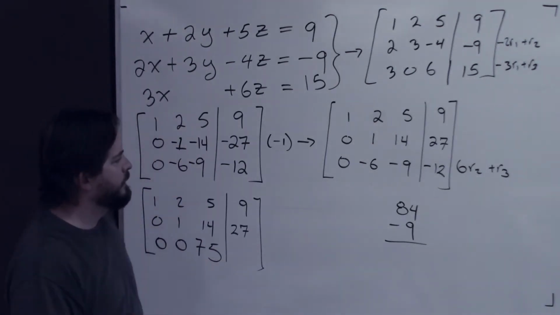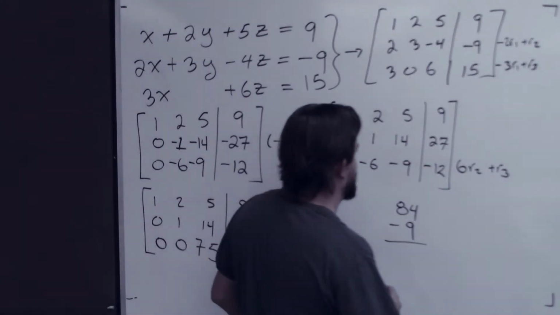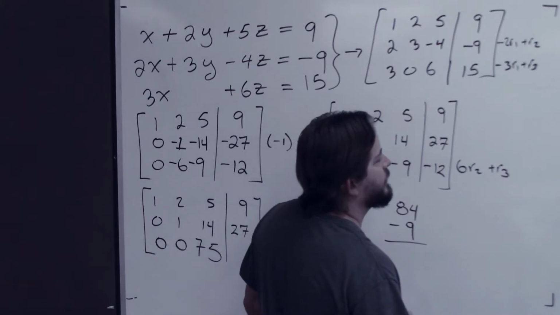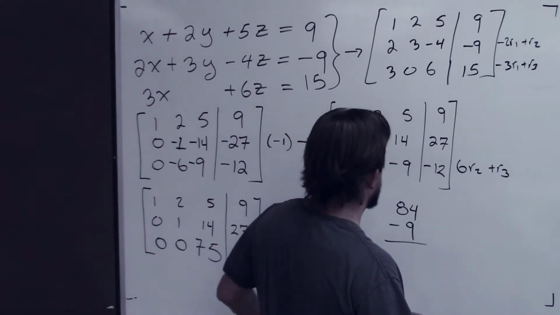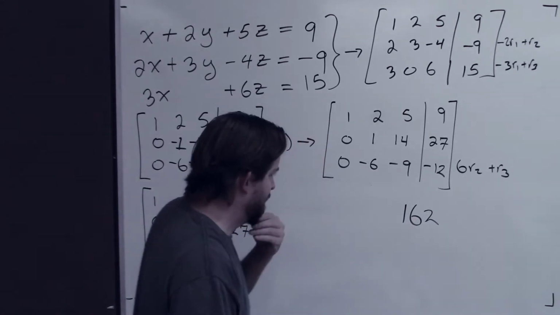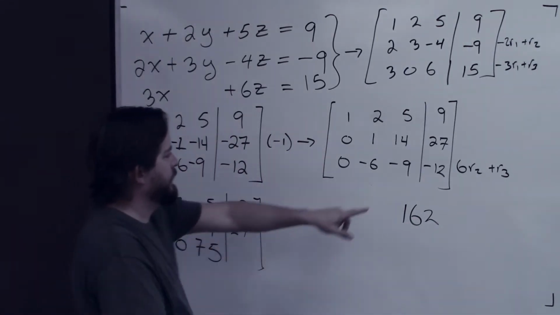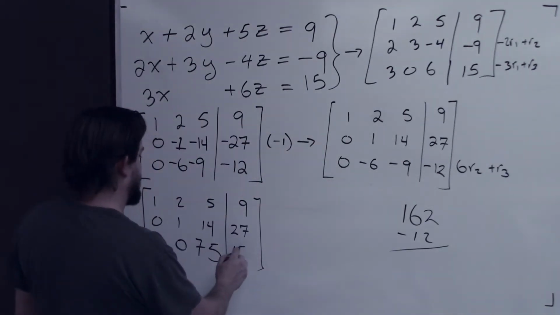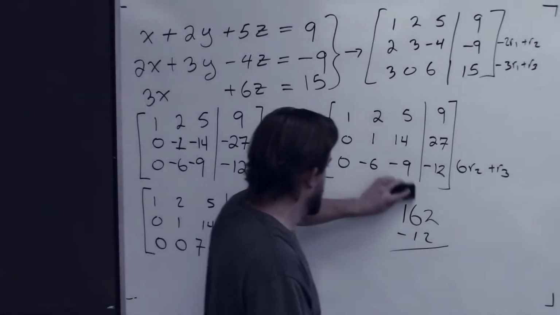Okay. And then 6 times 27 is 162. Yep, and then minus 12 gives me positive 150. Okay.